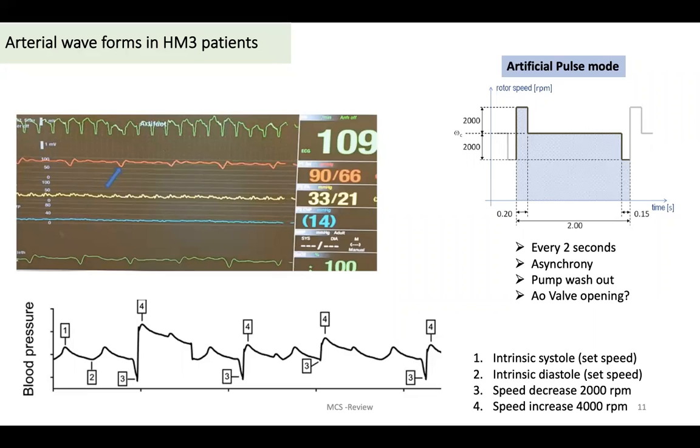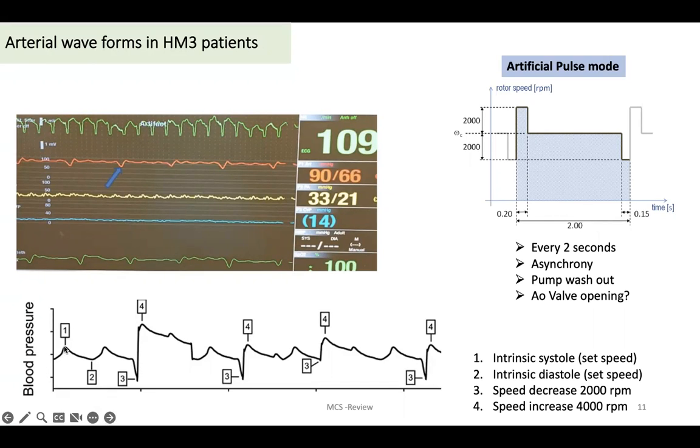The intent is not to reproduce a true pulsatility. It's more to improve the washout of the pump, and it's not synchronized to the native heart rhythm. It's not clear if there is a real effect of this kind of pulsatility, but certainly the washout is the most important effect.